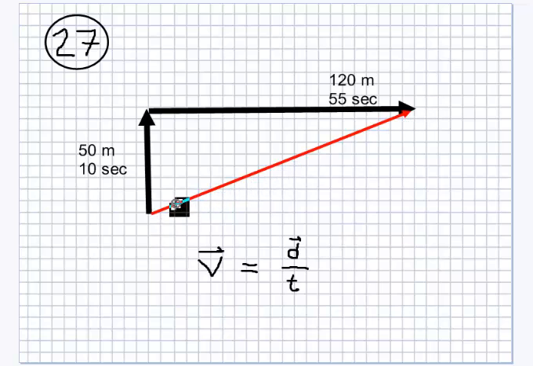We have to be careful because we're not Pythagorasing the distances, not 50 and 120. Well, maybe we can actually. Since the velocity is the distance divided by the time, we can actually figure out what distance we're covering here.